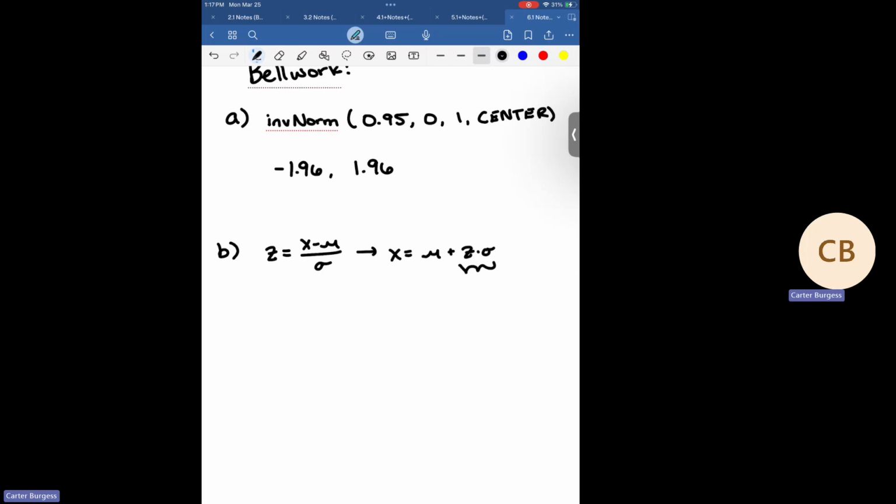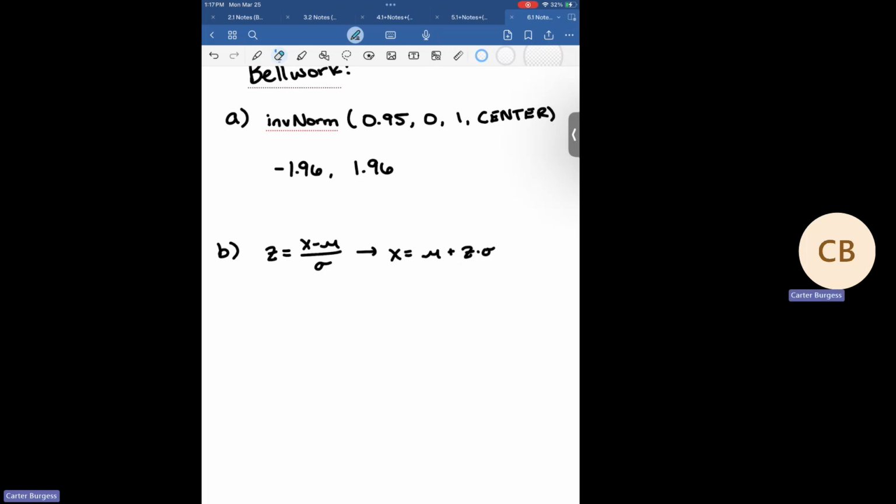Remember, this is almost like the distance above or below the mean, depending on whether z is positive or negative. And so adding that distance to the mean gives us exactly where that x value should be.